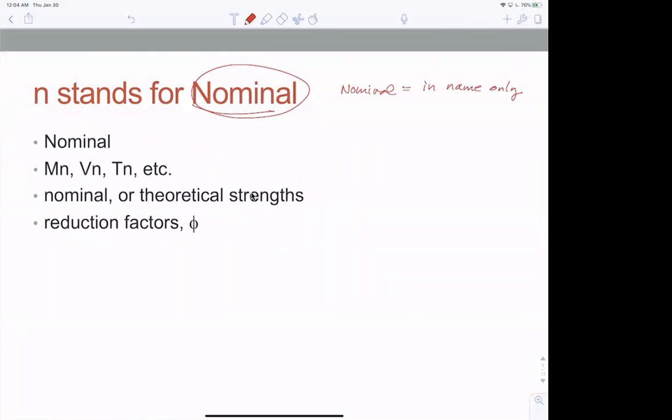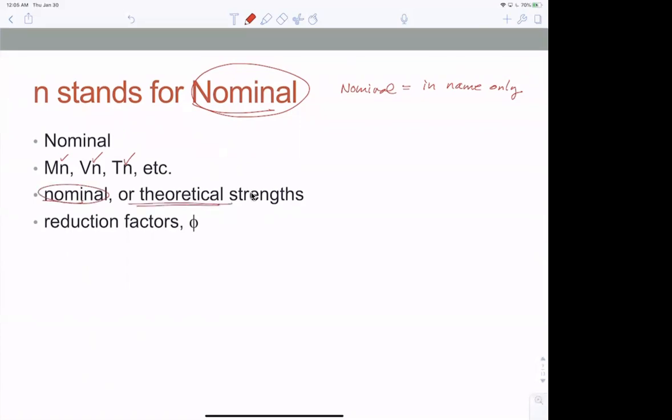So you can have a nominal moment strength, a nominal shear strength, a nominal torsional strength, nominal axial strength. These are nominal in name only, or you can think theoretical strengths.